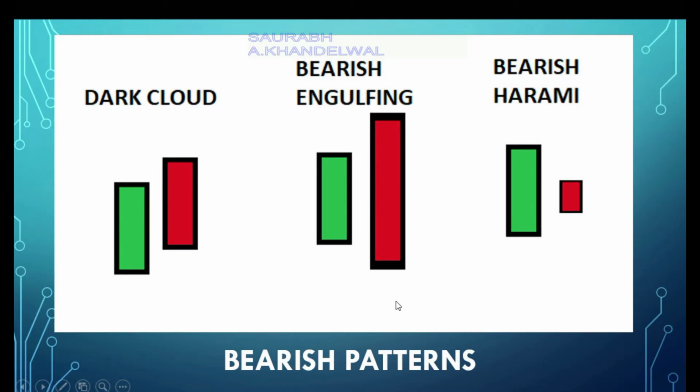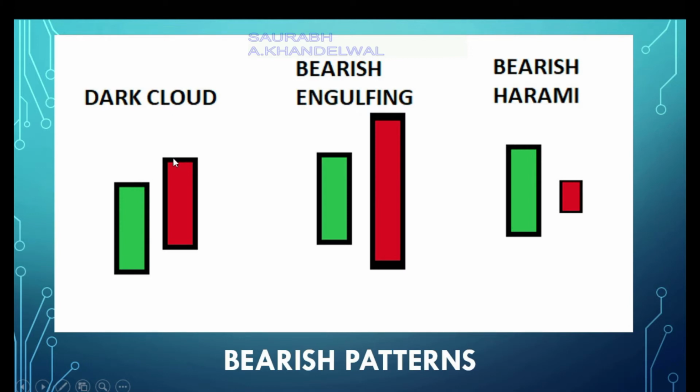These are bearish patterns. So dark cloud is just the opposite of piercing. It is again a very significant pattern as it shows a reversal. So you can see a green body. This was the opening, this was the closing. As closing was higher, it resulted in a green body.